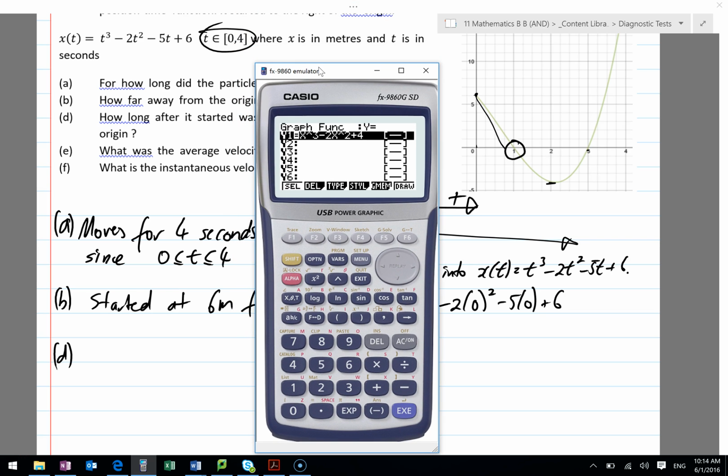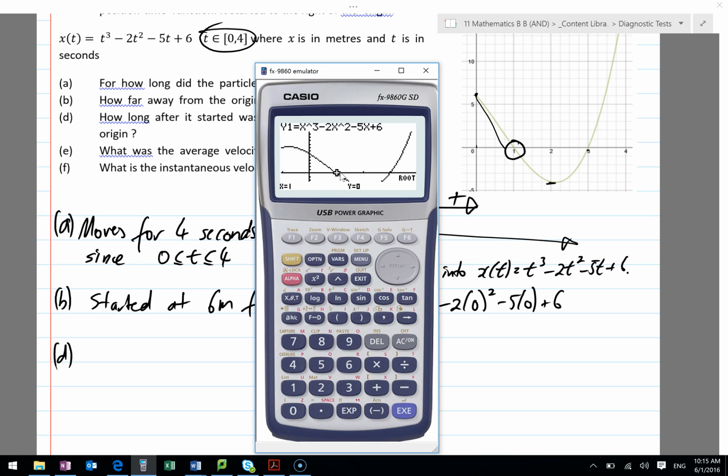I'd type the graph in here. So I've drawn the graph in. I haven't restricted the domain, so we can see it continuing up. I can check my answer for part B. What's the y-intercept? The y-intercept was 6, and I can g-solve for the root as well when it initially crosses.